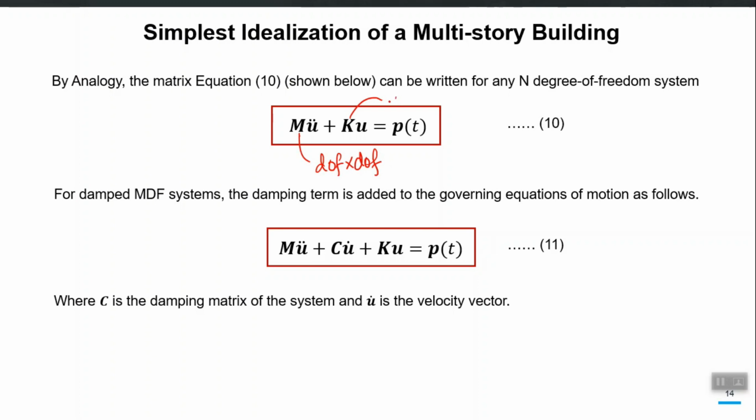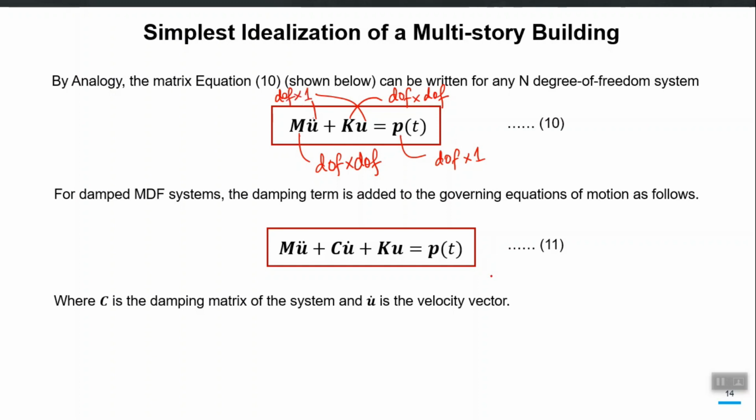K is now a matrix of the order degree of freedom by degree of freedom, and we already know what this K matrix will be if we have a very simple kind of building, right. If we don't have rotational degrees of freedom and vertical degrees of freedom, we can simply formulate it manually also. Similarly, the mass matrix we can simply formulate manually also. P of t is degree of freedom by 1, this is a vector, and u and u dot dot are also degree of freedom by 1, right.